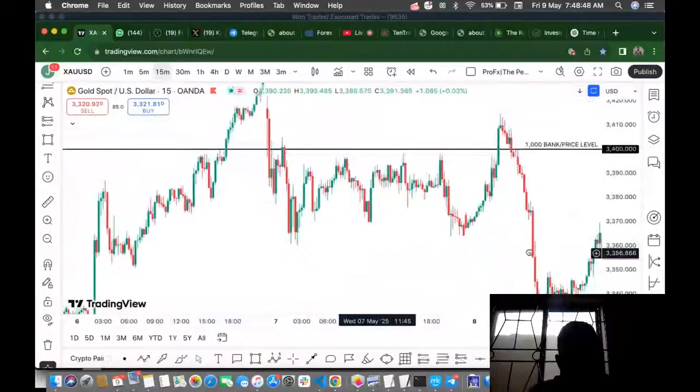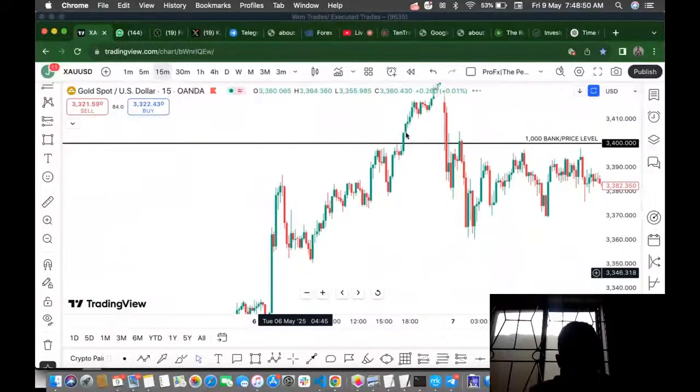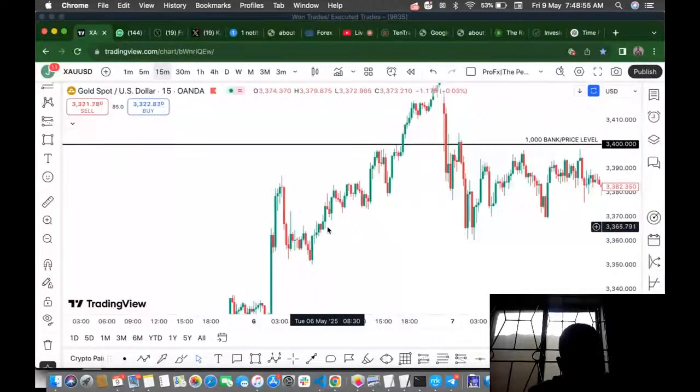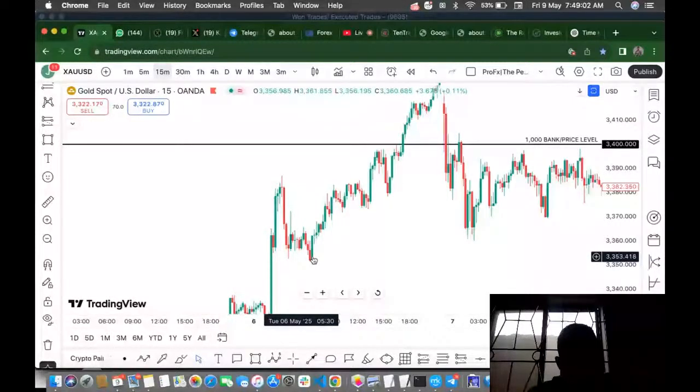Let's quickly see. Okay, can you see? When price did this thing, it had already started doing this from Asian here from 6:45. So there was no real 8 o'clock. There was a bullish confirmation candle.